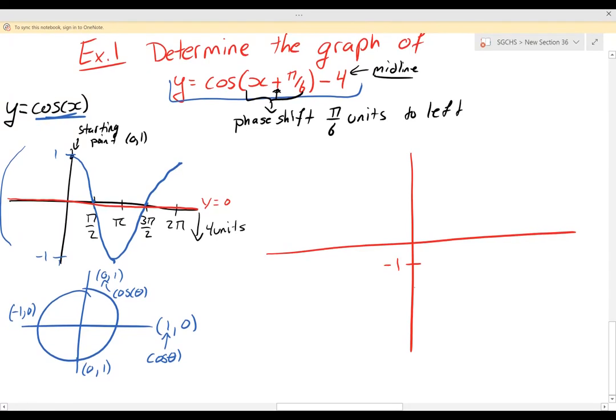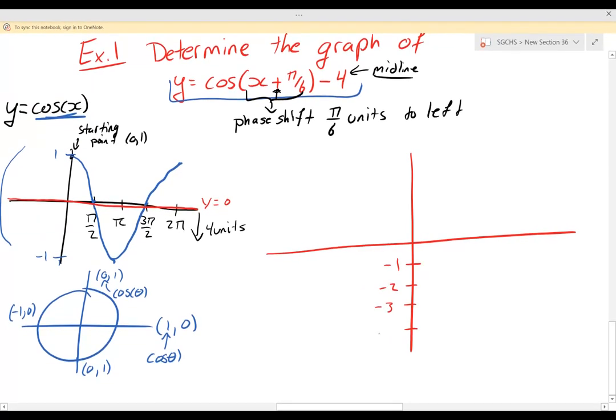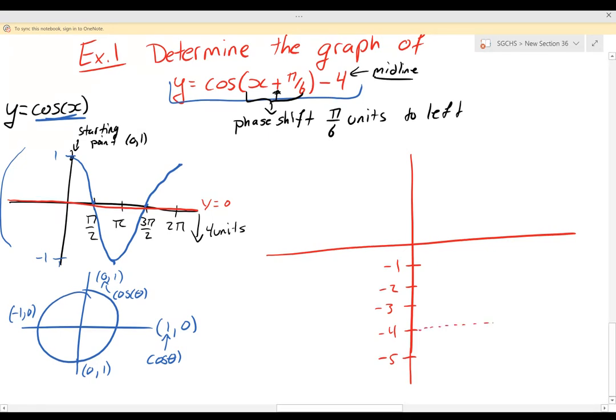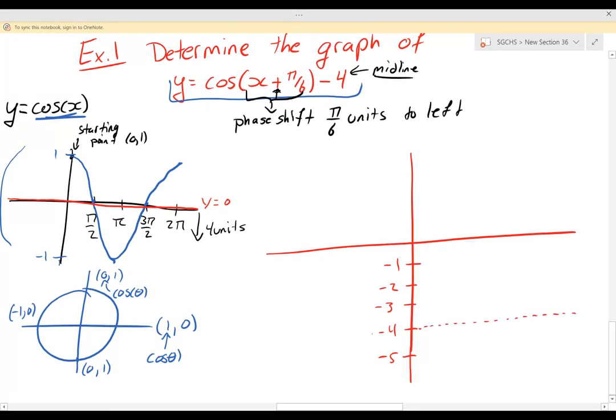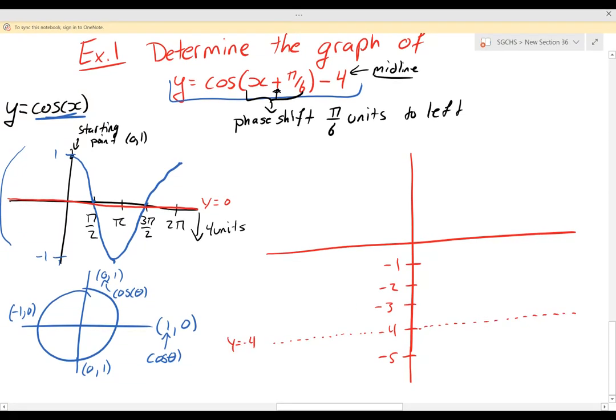So we'll have -1, -2, -3, -4, and recognize the amplitude here stays the same. We have no vertical stretch to affect our amplitude, so our amplitude will still be 1 on our new equation. We're going to have our midline found at y = -4. Okay, so that's our midline.